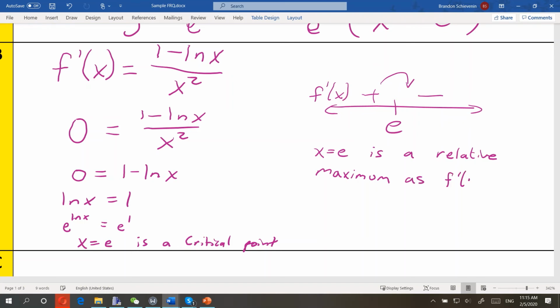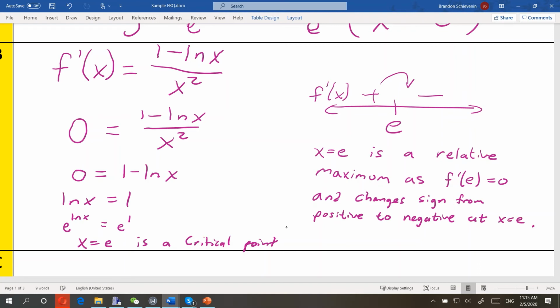As f prime at e equals 0 and changes sign from positive to negative at x equals e.